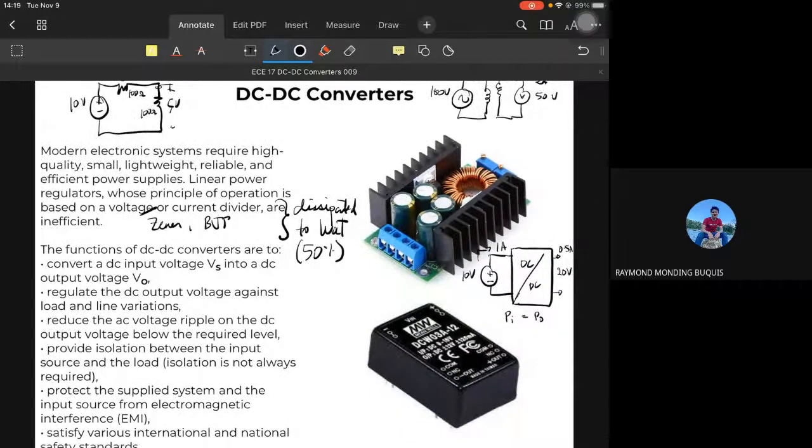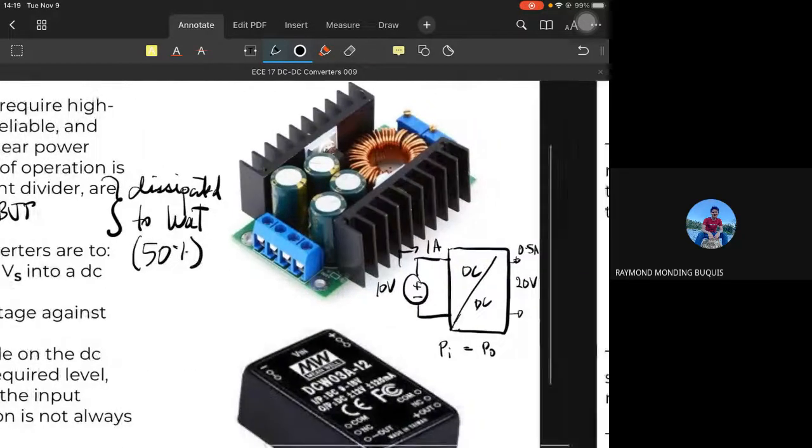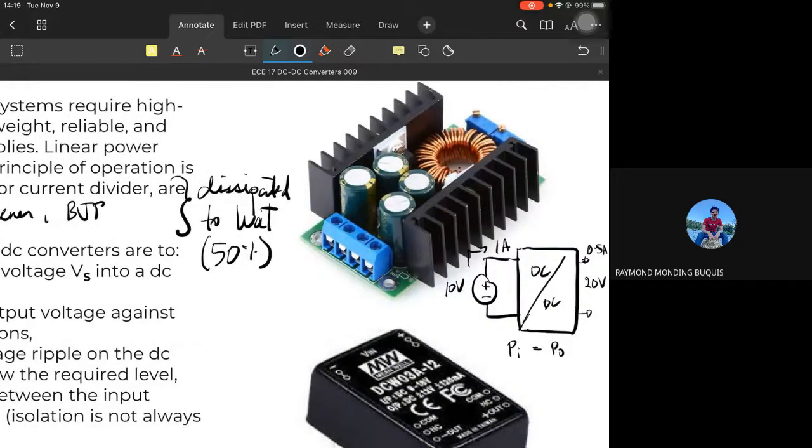It either steps up or steps down a DC source. Then the trade-off is the current. But if this is a step down converter, I would say it's a win-win situation. For one thing, we obtained a lower value of the required voltage.